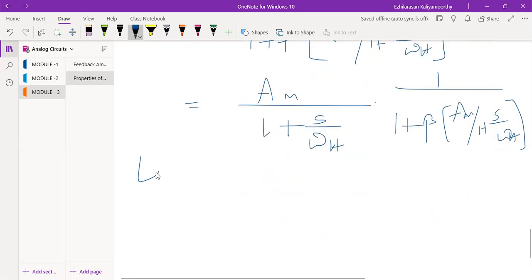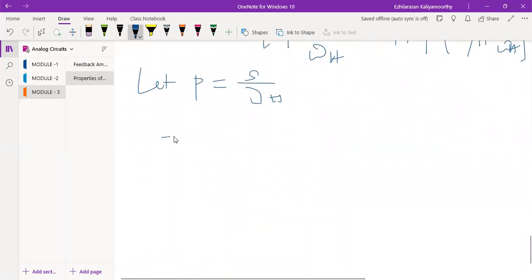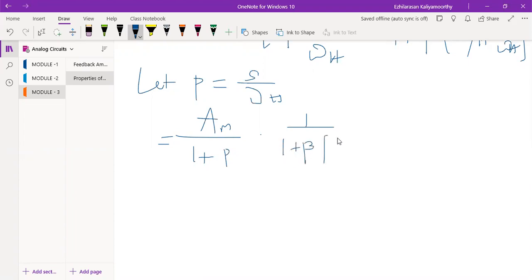Now let me consider P is equal to S by omega H for simplicity. So the above expression will be deduced as AM divided by 1 plus P into 1 by 1 plus beta into AM divided by 1 plus P. Now just do the multiplication.